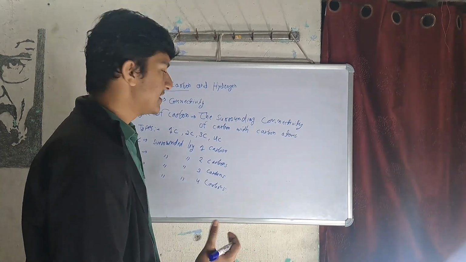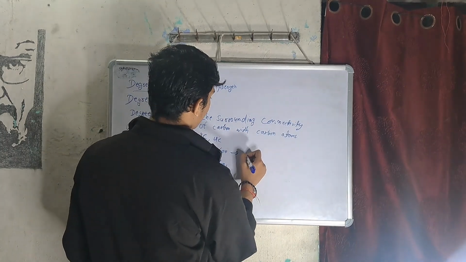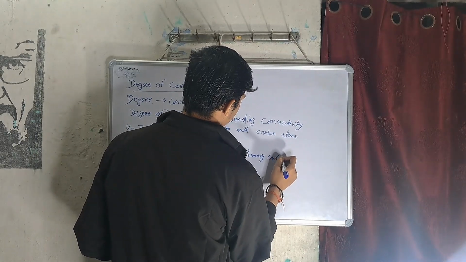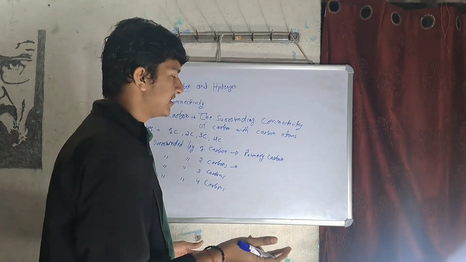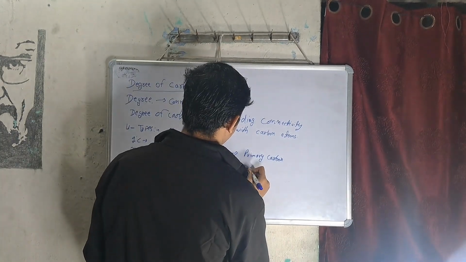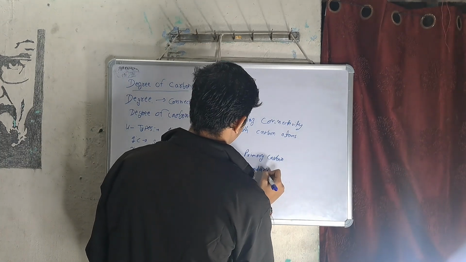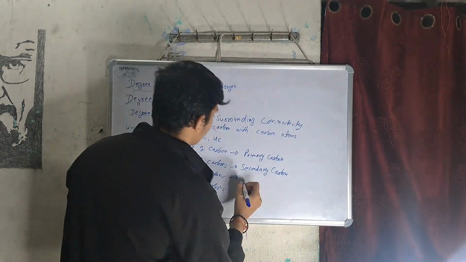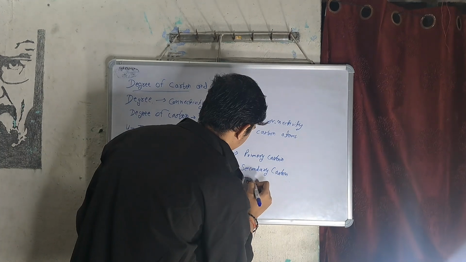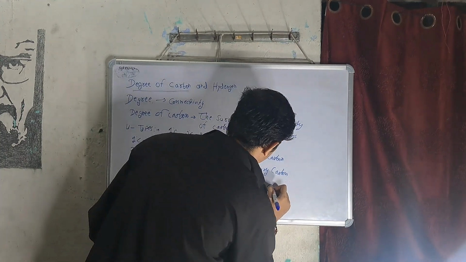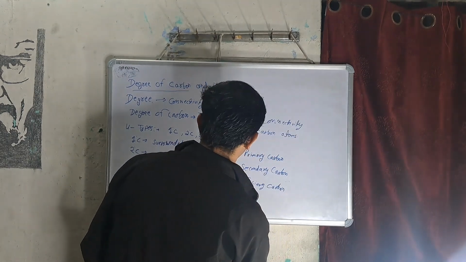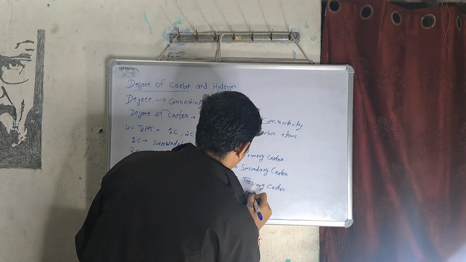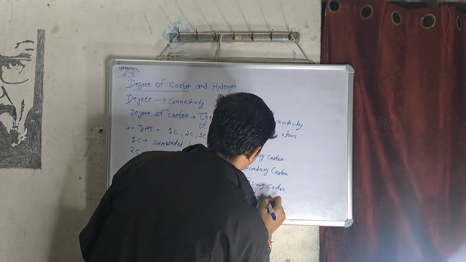They are also known as primary carbon, and 2 degree carbon is also known as secondary carbon, 3 degree carbon known as tertiary carbon, 4 degree carbon is known as quaternary carbon.